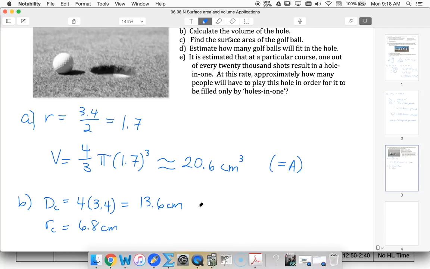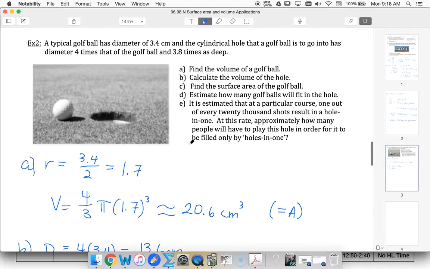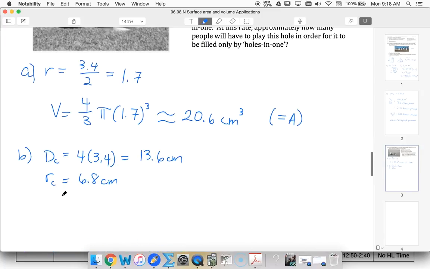All right, so that allows me to calculate the volume if I also know its height. It's 3.8 times as deep. Well, if it's 3.8 times as deep, I know that the diameter, and this is also a diameter of my golf ball, so the height of the cylinder is going to be 3.8 times the diameter.